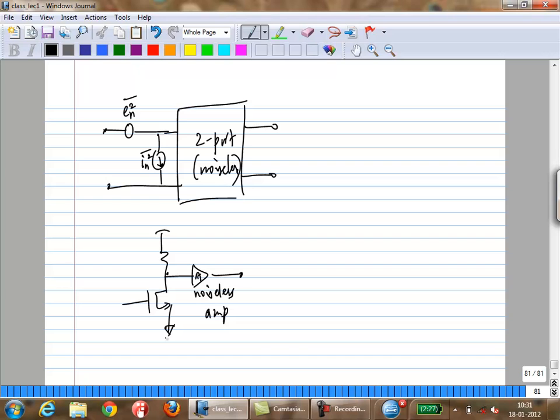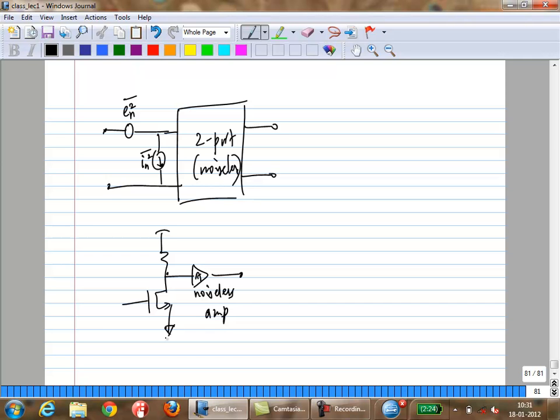Let's say this circuit has a certain noise at its output, Vn squared. So the noise at the overall output will be A squared times Vn squared. It seems as if the noise level is going higher, but in reality you have to remember that the signal power is also getting gained up by A squared. So in reality, there is no degradation in SNR. Looking at noise levels at the output is not the best way to compare different circuits. That's why you want to do it at the input, where you are taking into account all the gains.